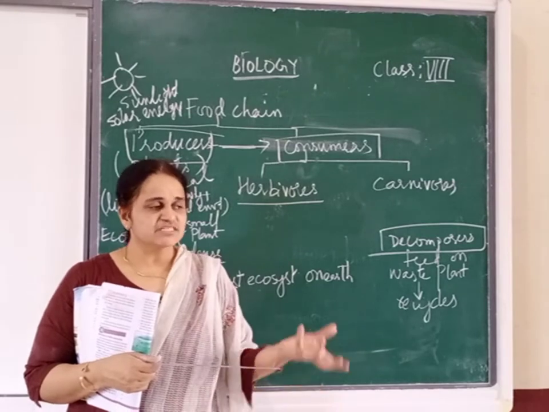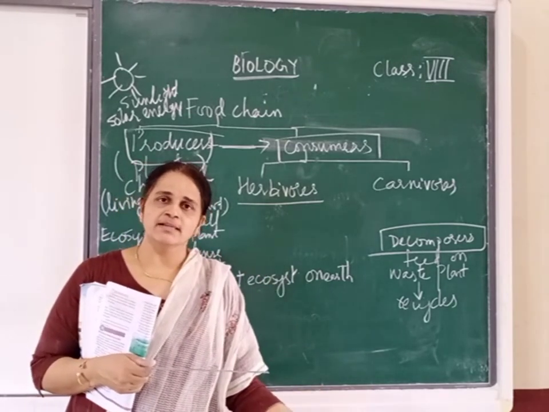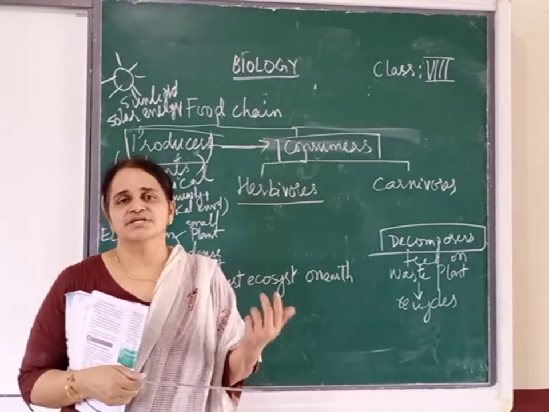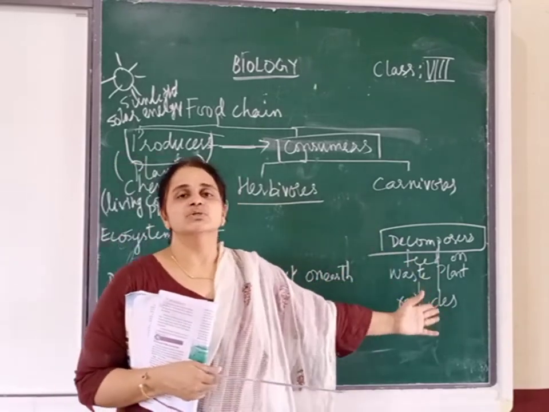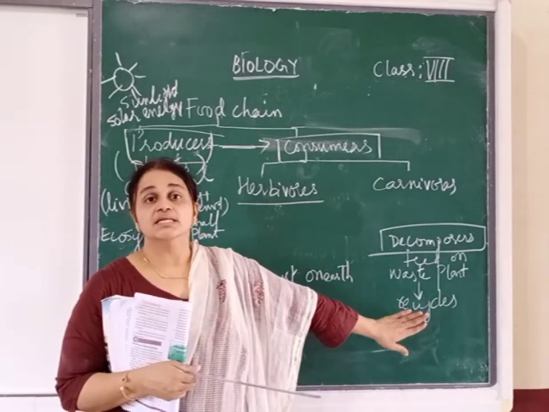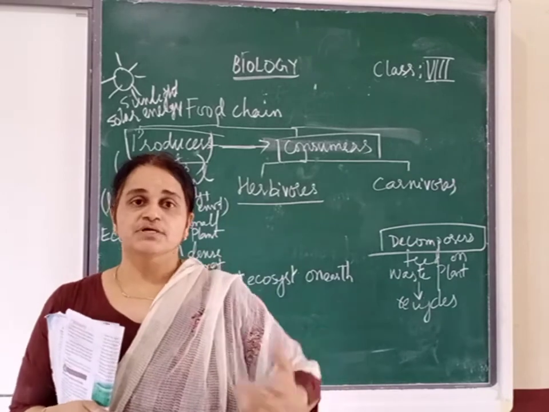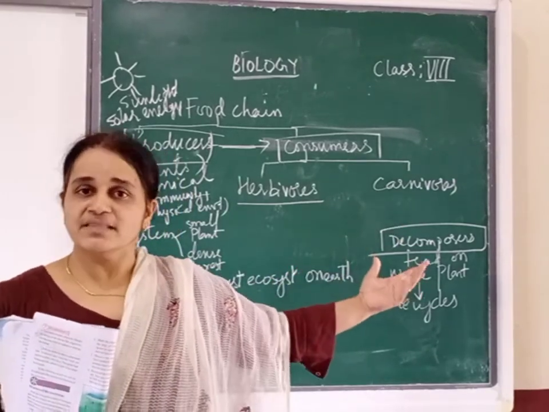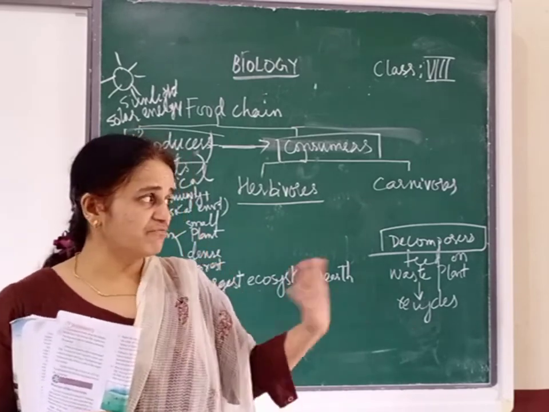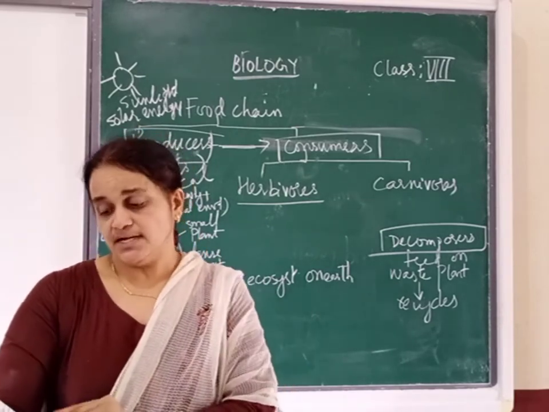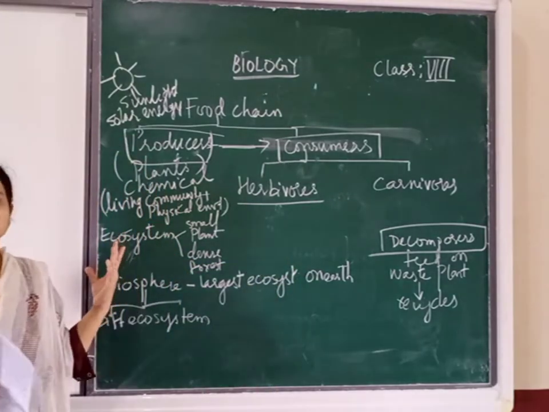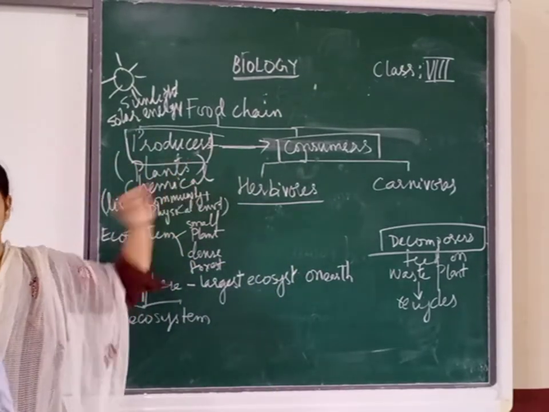If a plant falls onto the soil or onto the mud, it is decomposed. Decomposed by whom? The decomposers or recyclers. They help to remove the debris, they are also called scavengers. You know scavengers, they remove the waste from the surface of the earth. So these are the different groups you can see in the food chain.